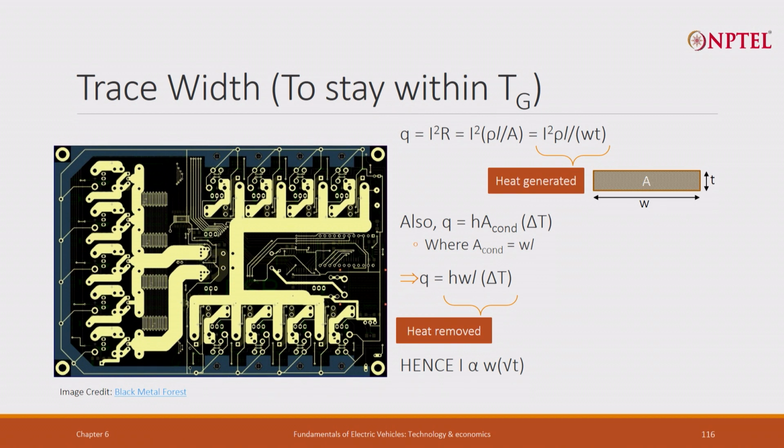What will the trace width be? I have doubled the thickness of the trace. Before that, I found that a 10 millimeter wide trace was enough to carry the 100 amperes that I want. Now, I have doubled the thickness. That means I can reduce the trace width. What will be the new trace width?